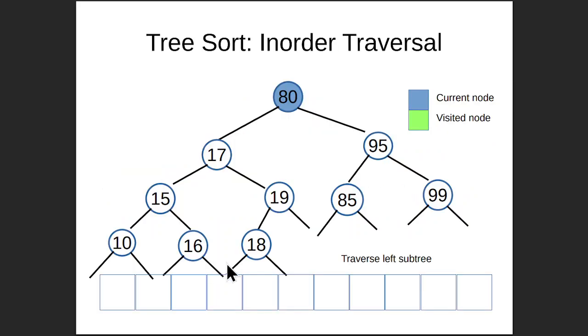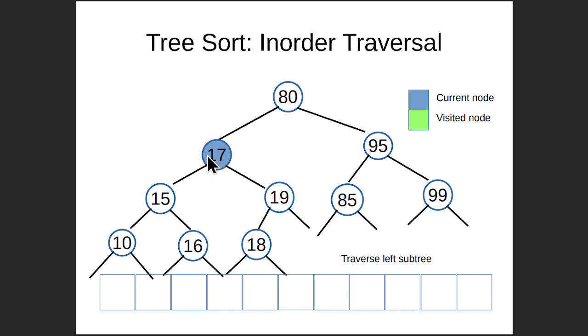So here is our binary search tree based on the numbers that we wanted to sort. We start from the root node, so we traverse the left subtree of 80 and we reach 17.